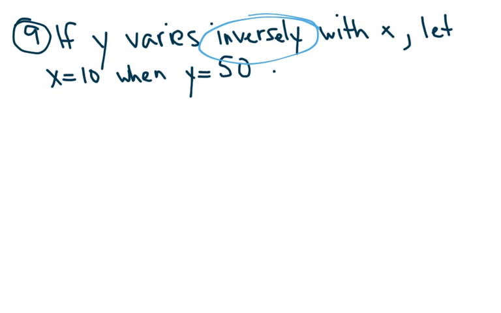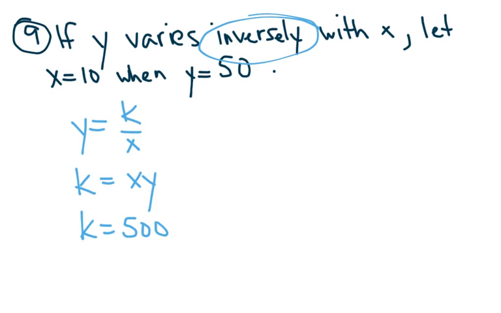The keyword is inversely, which means it's the equation y equals k over x. Because k is equal to x times y, we can find the constant of variation by multiplying x and y, and 10 times 50 is 500. So the equation is y equals 500 over x.